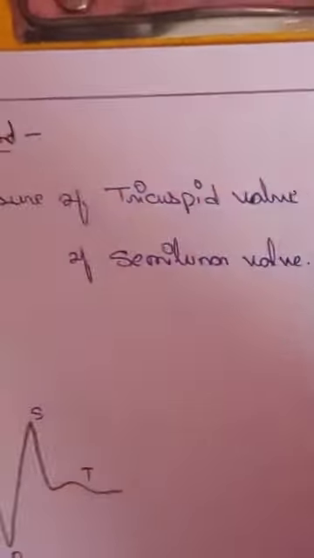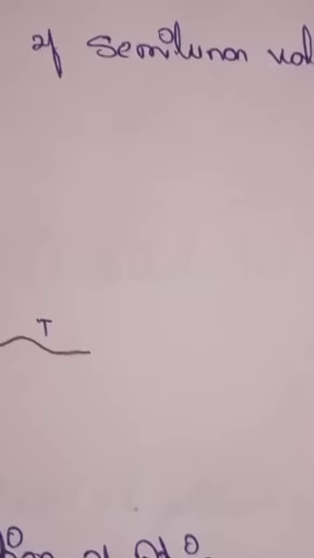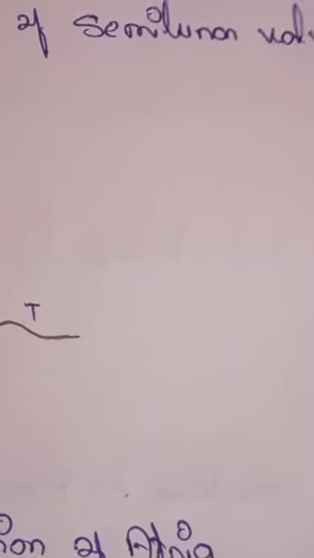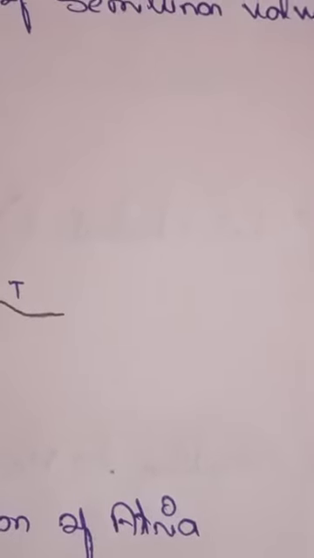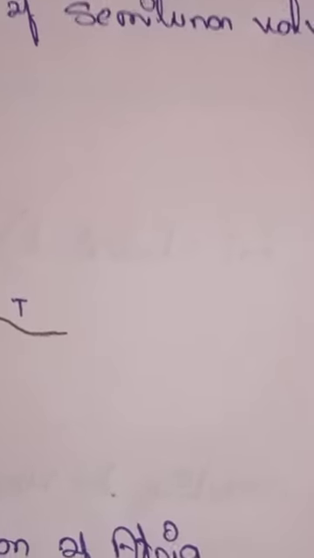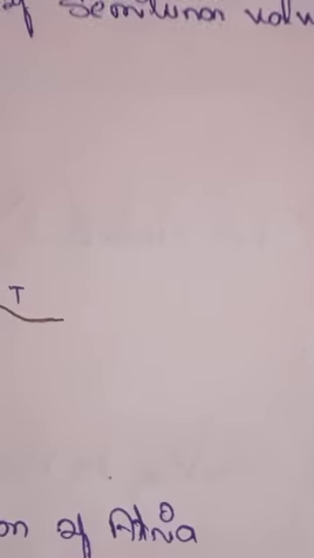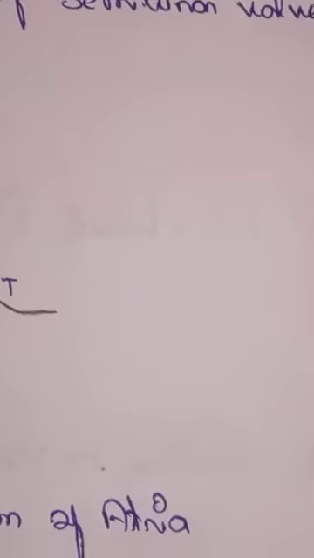Then next is ECG. What is the full form of ECG? Sorry, the full form of ECG is electrocardiograph, and the record which we obtain is the electrocardiogram.